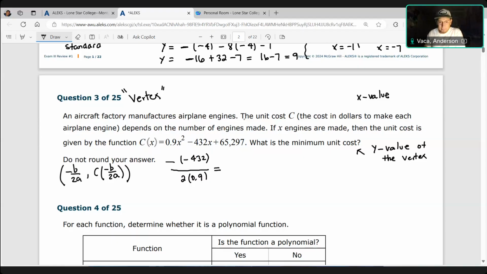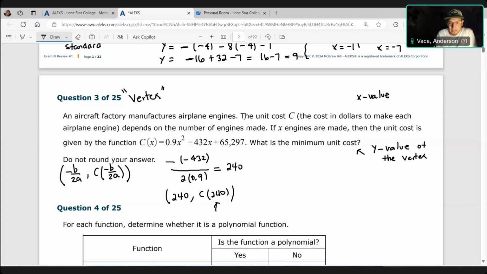A negative and a negative makes positive, so 432 divided by 1.8, and we get 240. So far, according to this formula, the making of 240 engines minimizes the cost. Now we need to find C of 240, which is the value that we need.